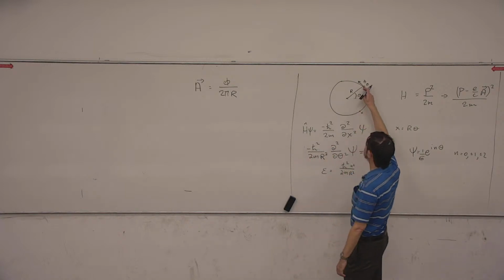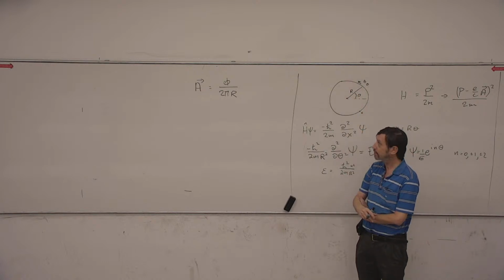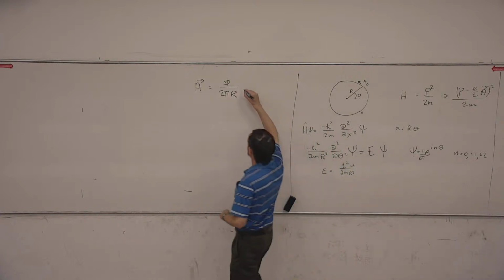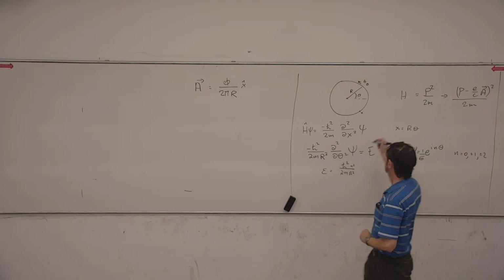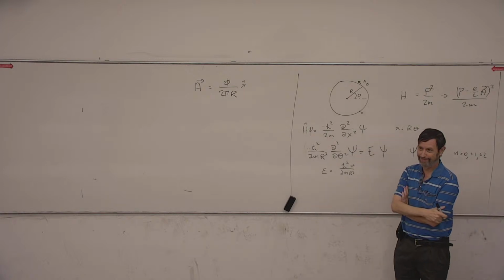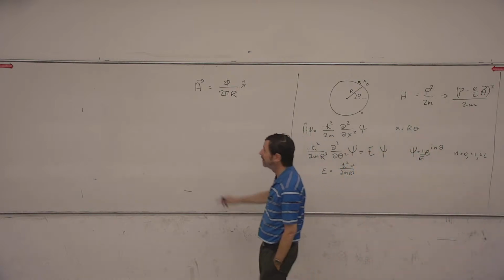Yeah, but that's exactly the same direction. The left hand is a vector, and so it's A theta in the direction of x, right? Life is simple here. That's why we're doing this example.